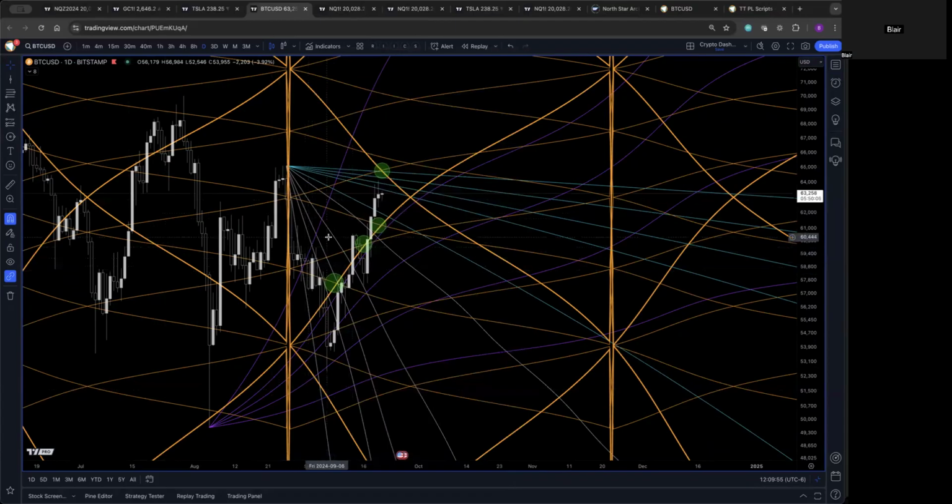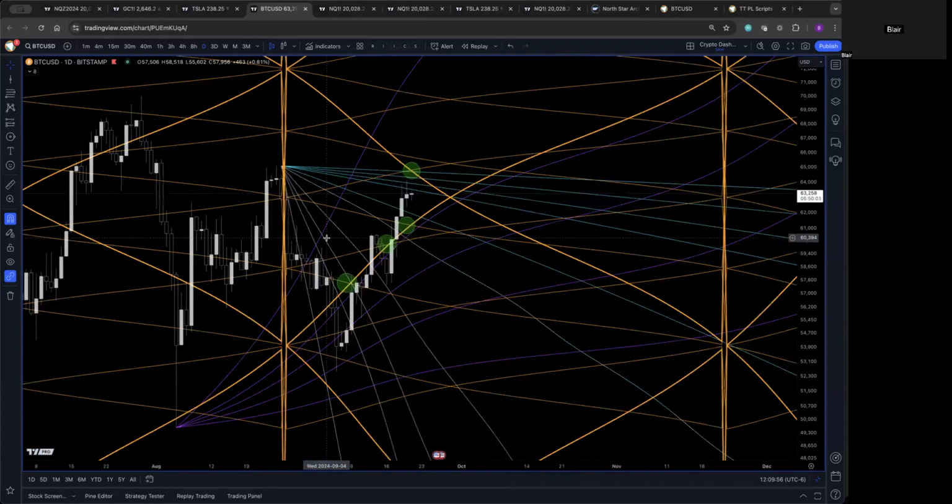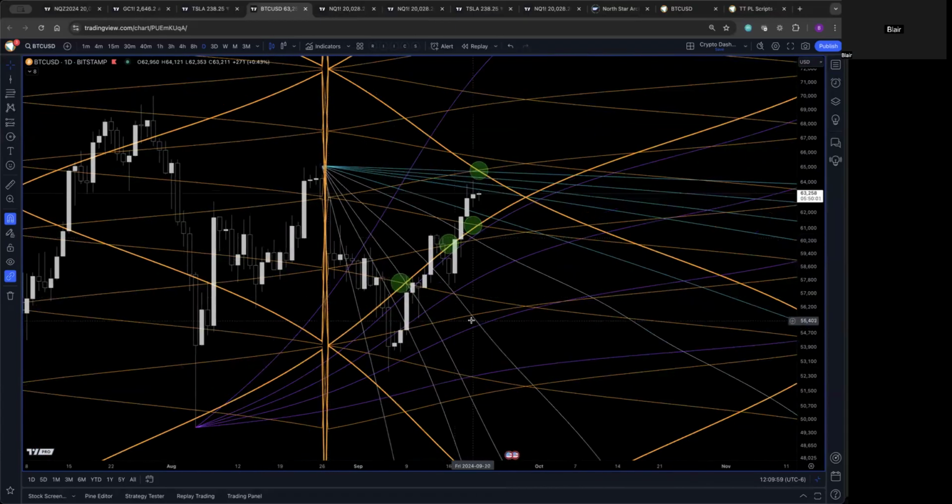Okay, so I think it was 2 weeks ago, maybe not last week's video, I talked about how these Gann fans coming down from this August 26th top can be important confirmation levels of a resumed move up. And we can see that here.